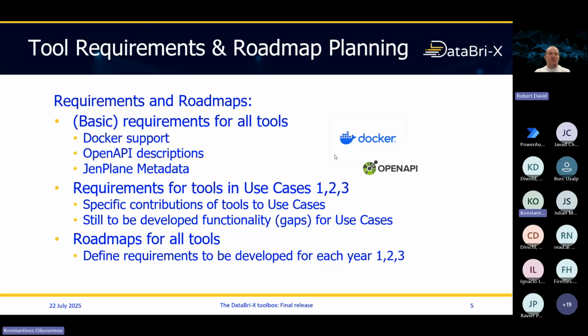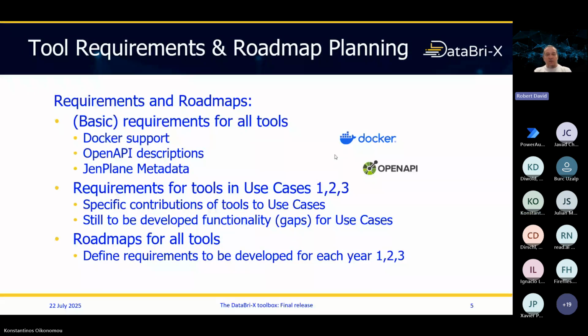So all the tools have to be Dockerized and provided as Docker images. The functionality is exposed using OpenAPI, which is a sort of standard for web APIs. And finally, we have Champlain metadata, which also needs to be provided so that Champlain can understand how to integrate the tool into the workflows.